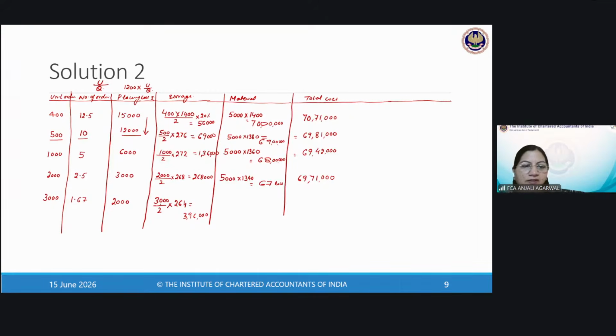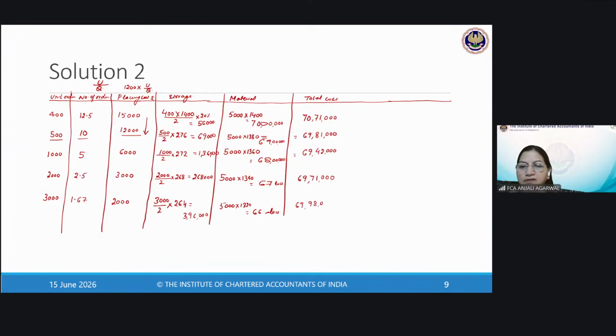Despite the discounts, the more units you hold, the storage cost is rising significantly. And 5,000 into 1,320, the raw material price now would be 66 lakh. 66 lakhs plus 3,96,000 and plus 2,000.